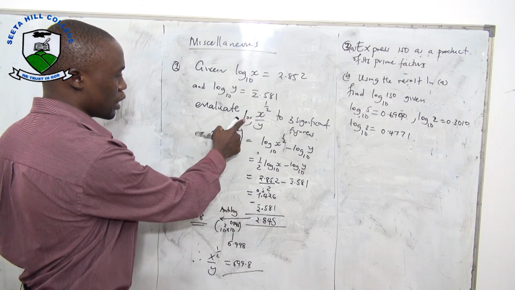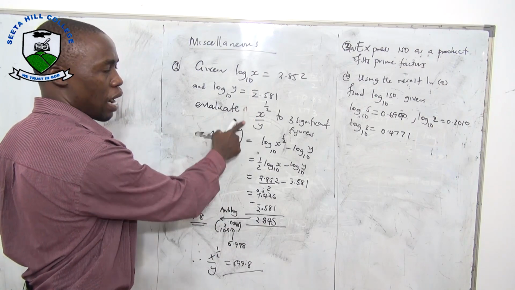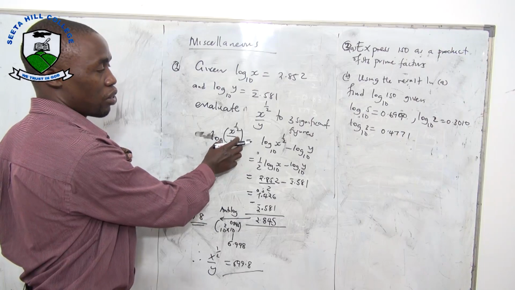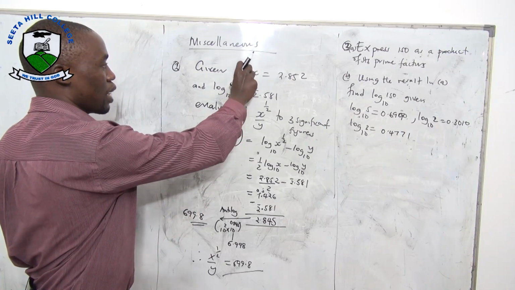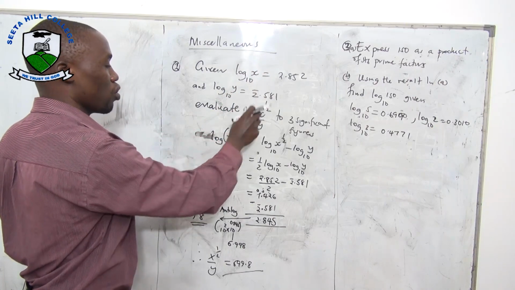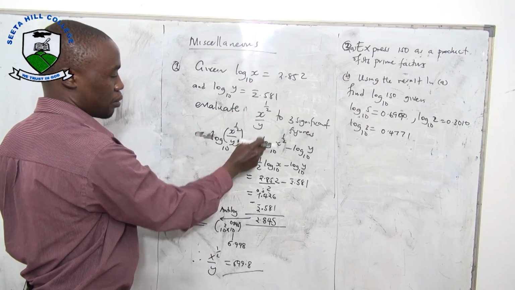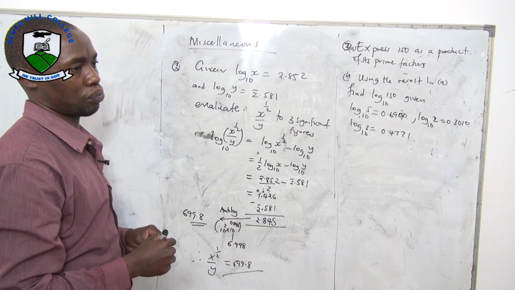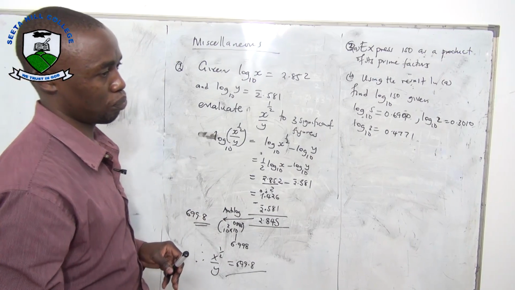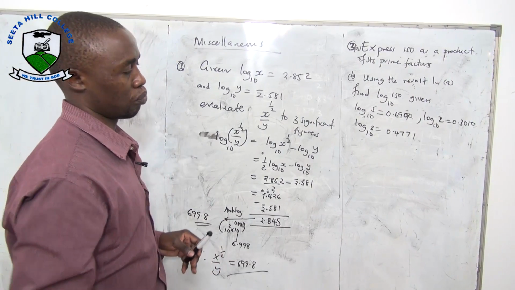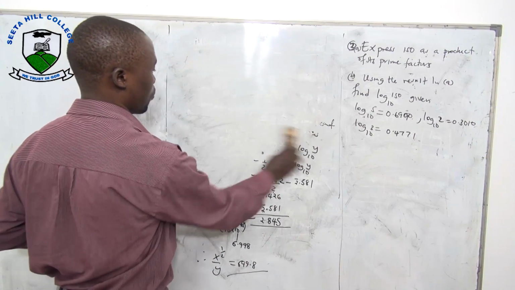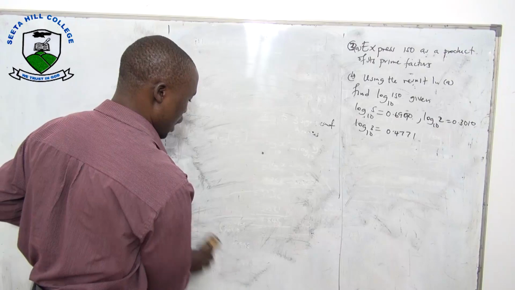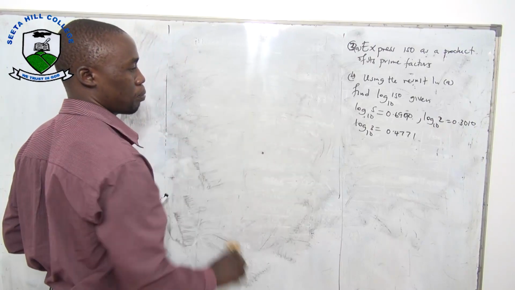But because it did not have a log, and we introduced log so that you can speak of logs, the values given are for logs, therefore you have to introduce what? So, yeah. Now, let me take you here.